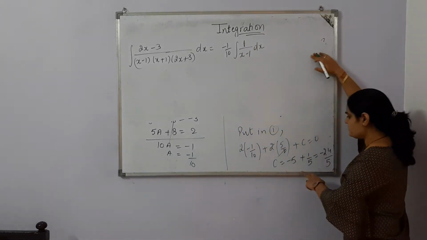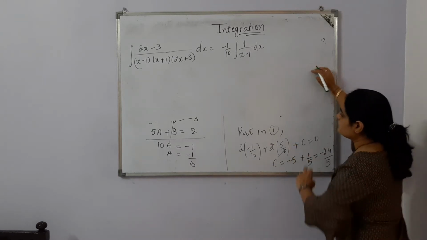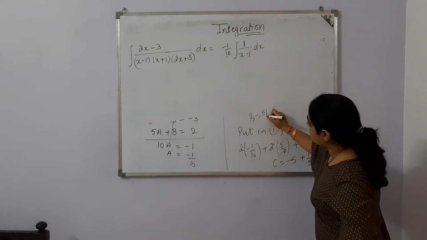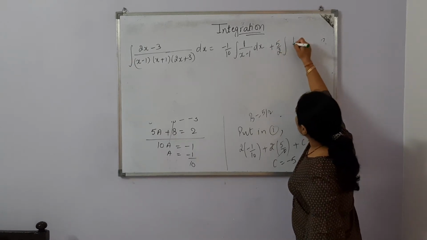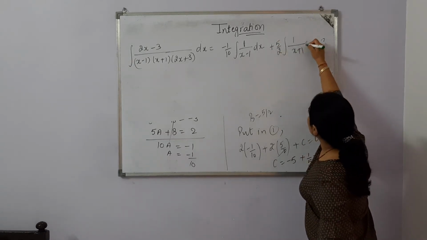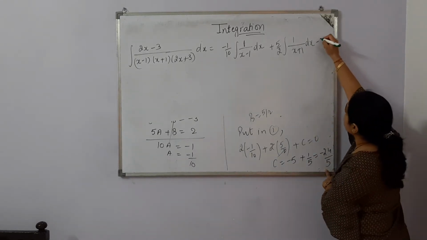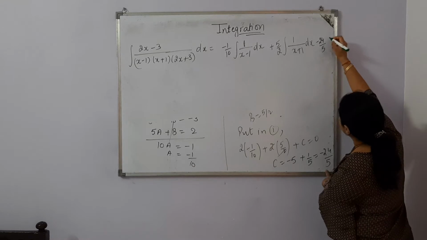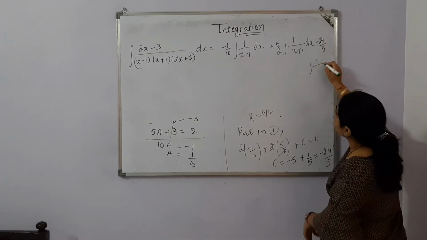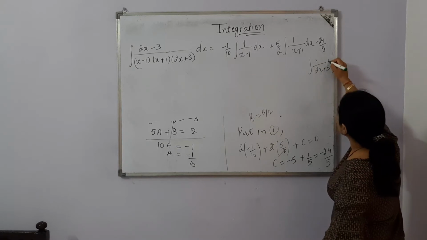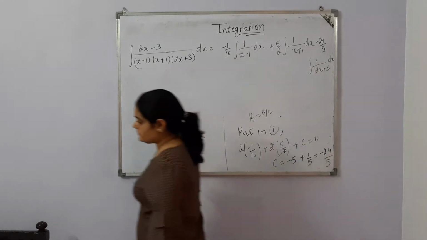Then what is the value of b? B was 5 by 2. So plus 5 by 2 upon x plus 1, and the last one was c. What is the value of c? It is minus 24 by 5, 1 upon 2x plus 3 dx.